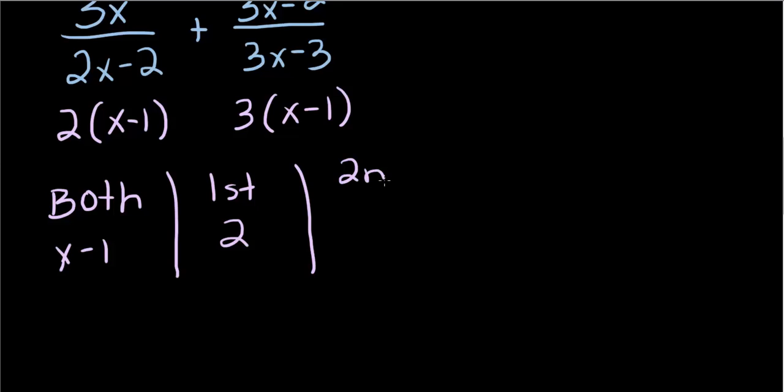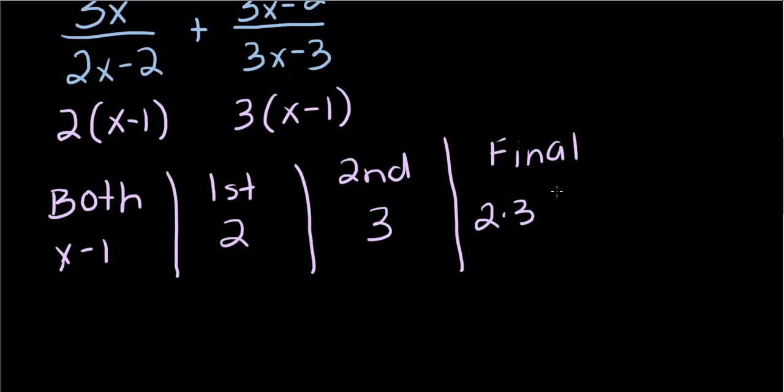The second term has an x minus 1, but then it also has a 3. My common denominator has to include every single one of the factors. What does that mean? That the final factor or the common factor that I'm going to use, it's going to be 2 times 3 times x minus 1. So this is my common denominator.